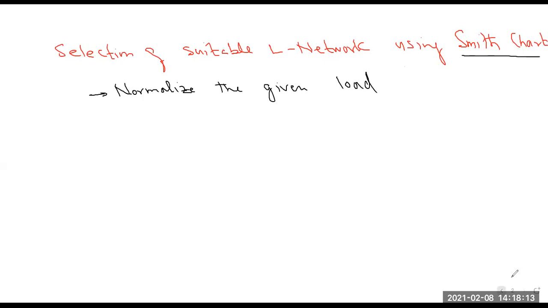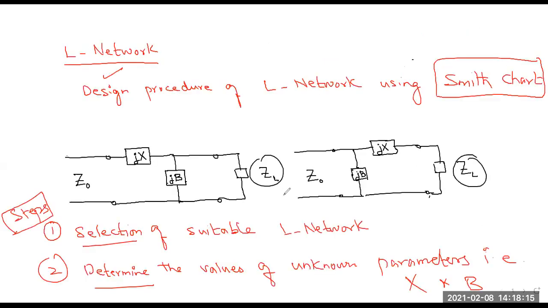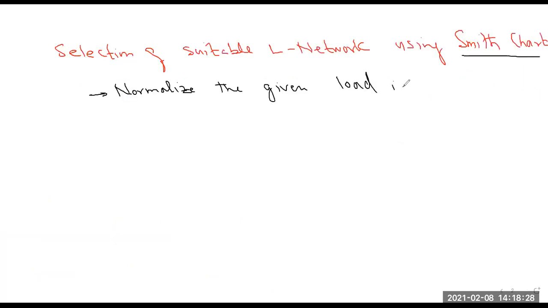Whatever load is given to you, you just need to normalize it. And we already know that for normalization, we use Z naught. So ZL divided by Z naught is going to be our normalized load.